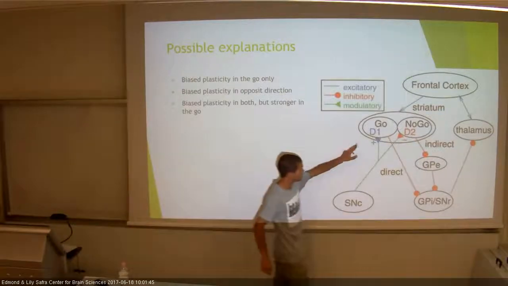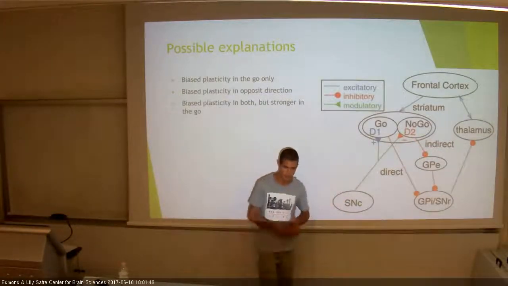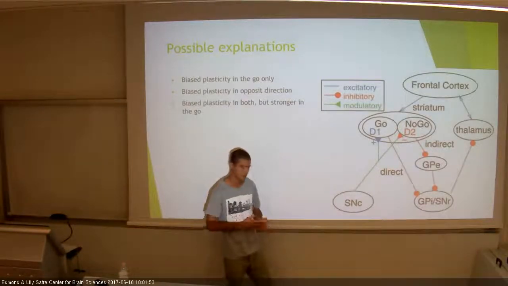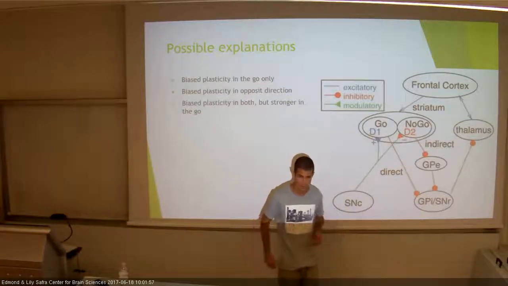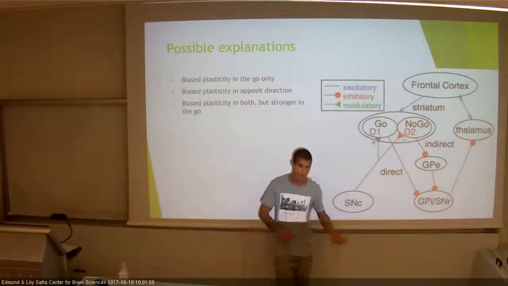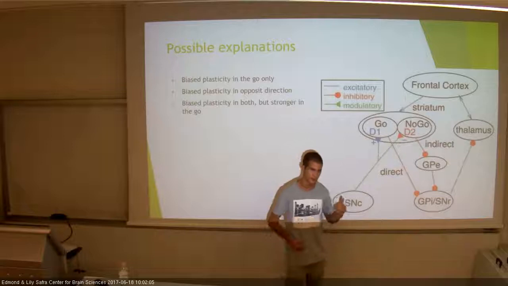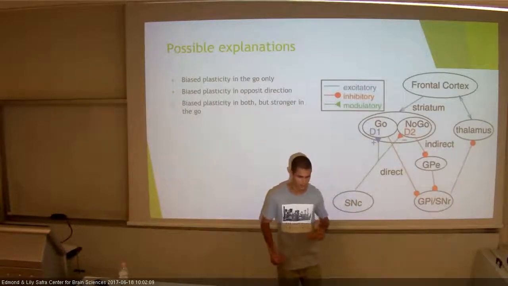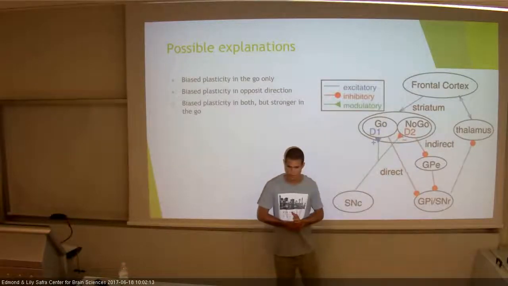If the go pathway learns stronger via strong LTP and weak LTD, these results are possible. If the go and the no-go have the same bias in synaptic plasticity, it will not fit the model. So the bias is not only that the neurons in the striatum have stronger LTP, but that there must be some bias between the go and the no-go.